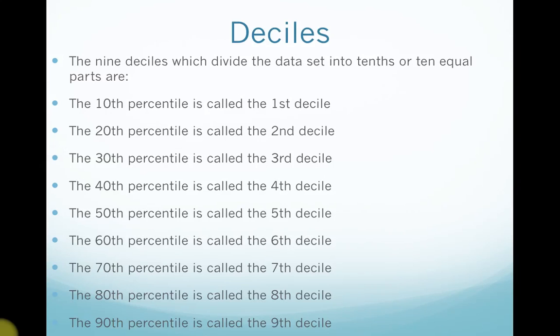When looking at the 10th percentile, you only are looking at 10% of the data values falling at or below the data value. The 90th percentile, 90% of the data values fall at or below that data value.